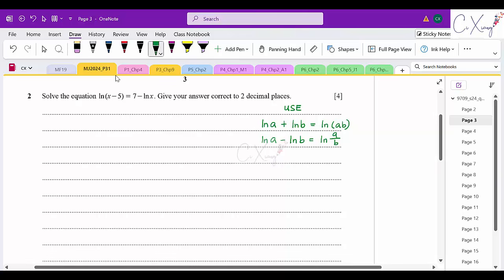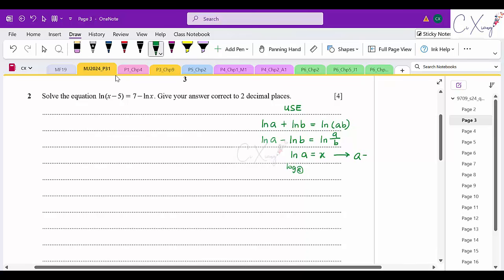Another one is, let's say you have ln A equals X, how can you rephrase it to become something without the ln? ln is a log with base e, so if you want to make the ln disappear, you have to bring the base to the other side.